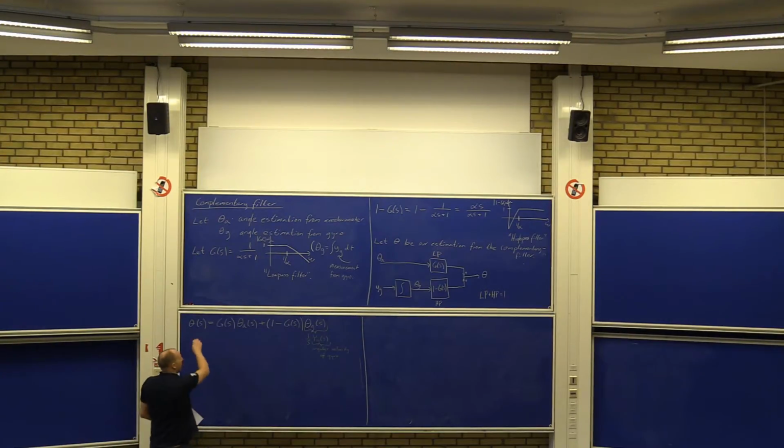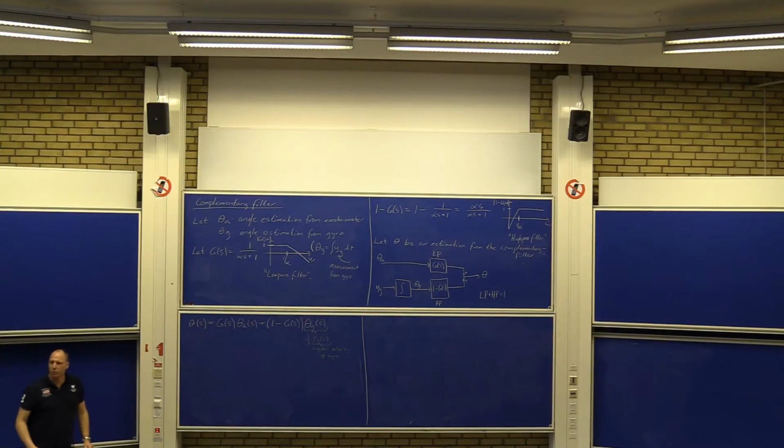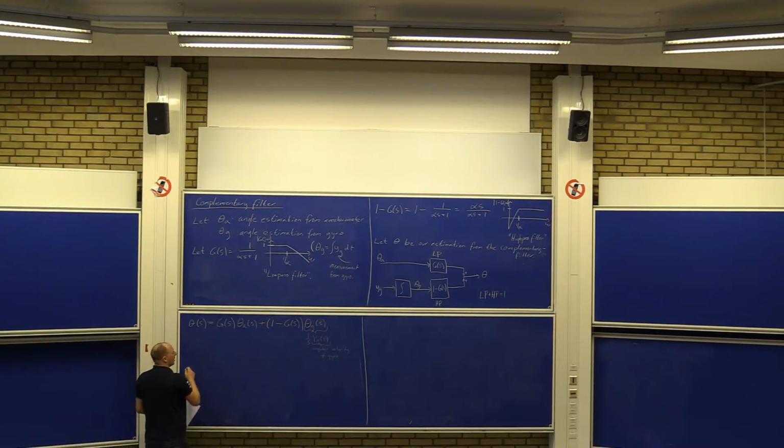Okay, so now we have something in continuous time. If we would like to get something in discrete time that we can implement, we can discretize this. There we have different methods, but we can use, for example, Euler backward.